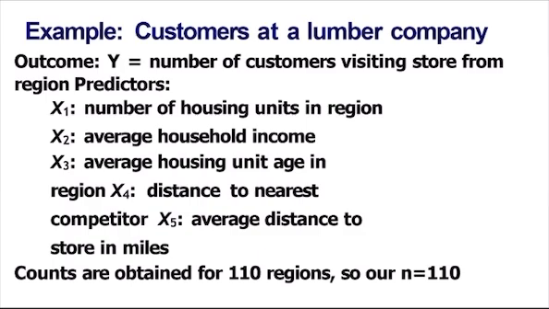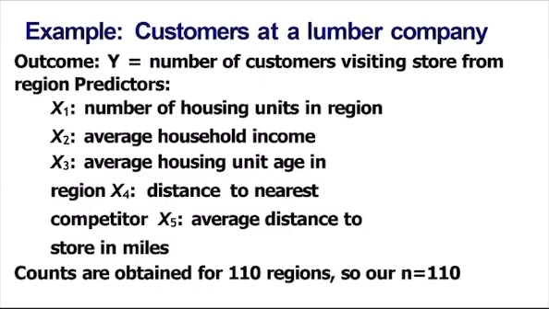We want to look at the effect of five predictors on a response. But the response here is a count, and of course the appropriate regression model is going to be a Poisson regression.